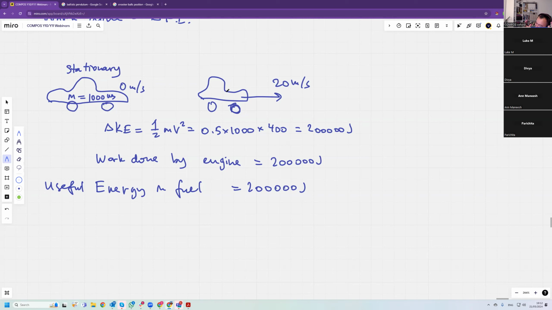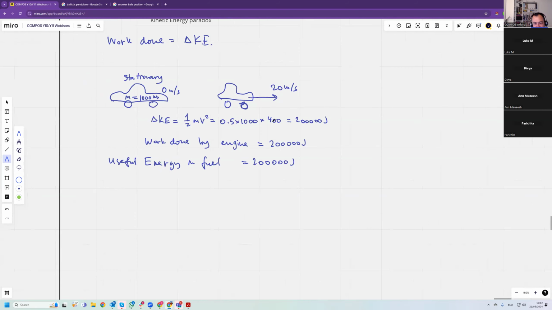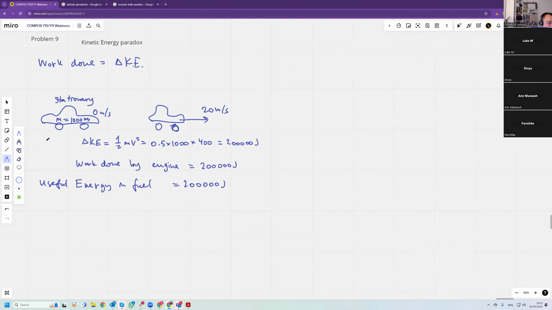Now, imagine that you are not stationary. Imagine you are in the passenger seat of another car, which is moving at 20 meters a second.